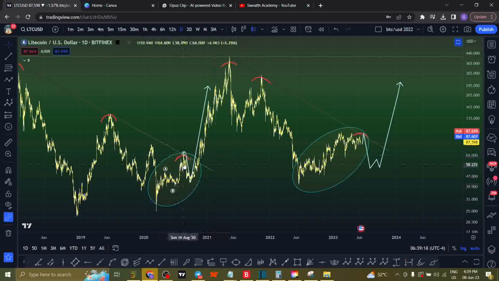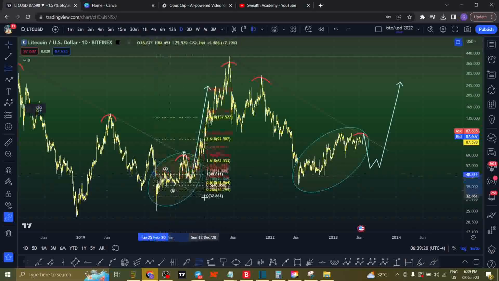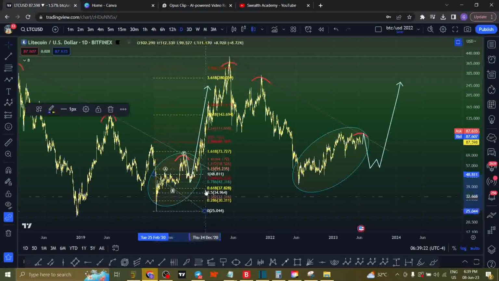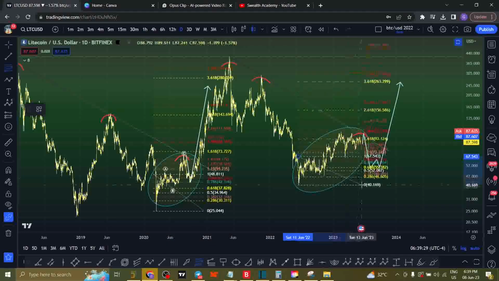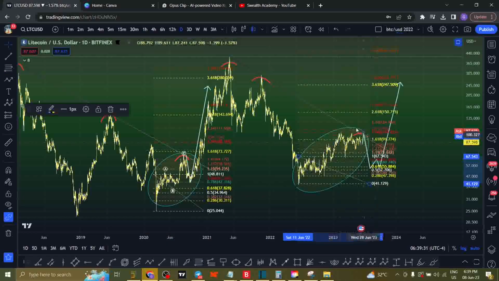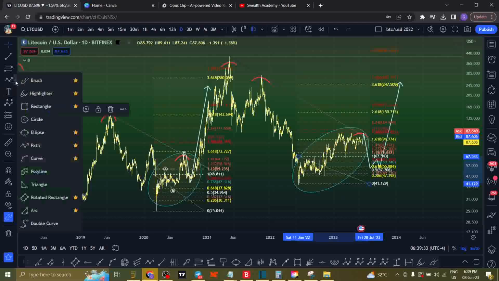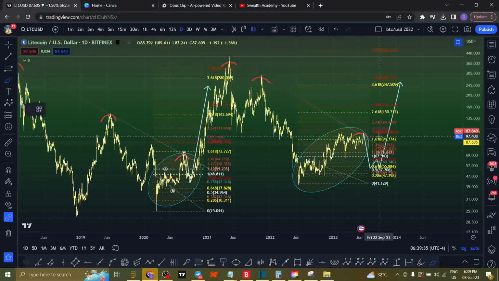So just to confirm that C wave aligns with our most recent fractal, we have our 0.618 and our 0.41, which when measuring our most recent fractal, that's exactly where we're at right now.